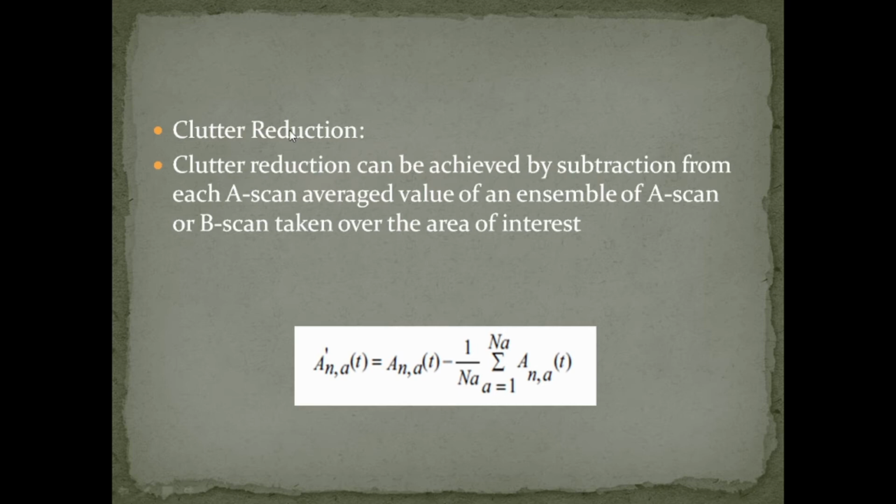So this is the equation: A'n,a(t) = An,a(t) minus 1/Na summation of a equal to 1 to Na of An,a(t), where n is equal to 1 to capital N, where capital N is the number of samples, and Na is the number of A-scans. An,a(t) is the unprocessed A-scan and A'n,a(t) is the processed A-scan.